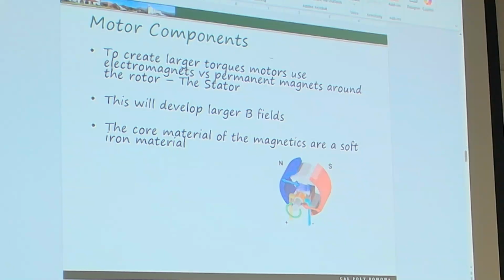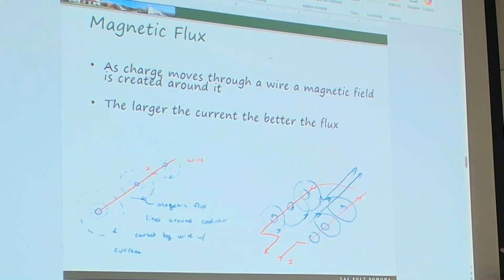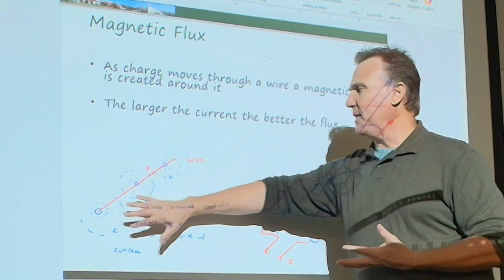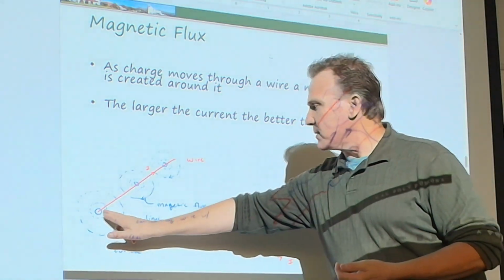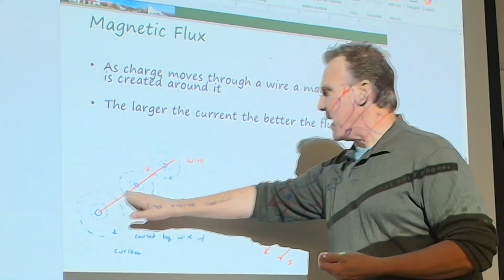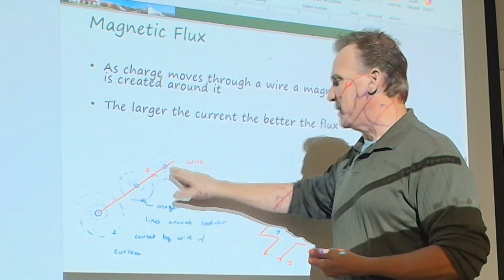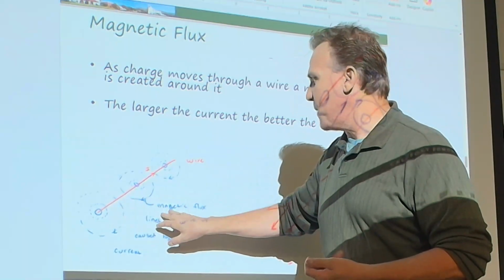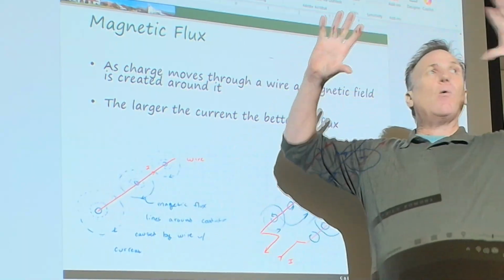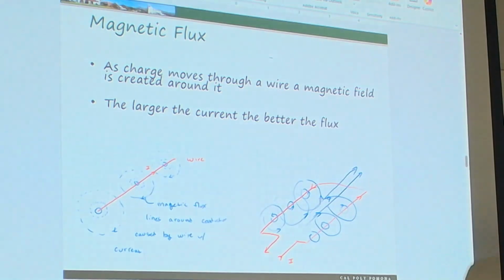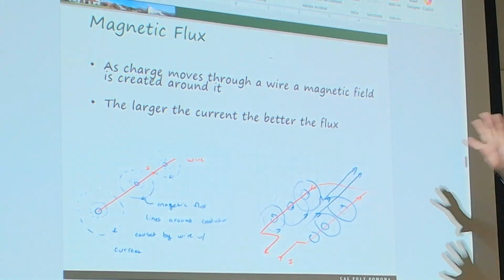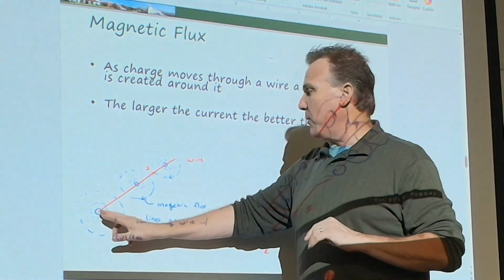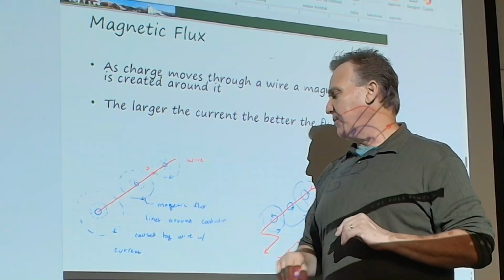But when I look at that, this is what we call the magnetic flux. As a charge travels in this wire and we have this current, we see that the field, this magnetic flux, is radiating outward from that center point. And so what we want to do is improve that magnetic flux.